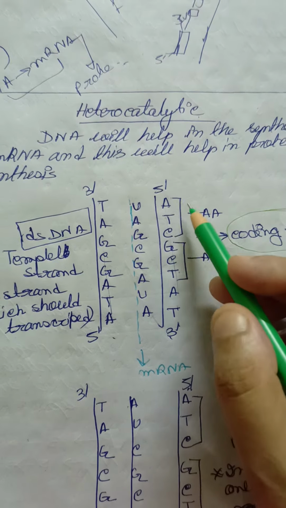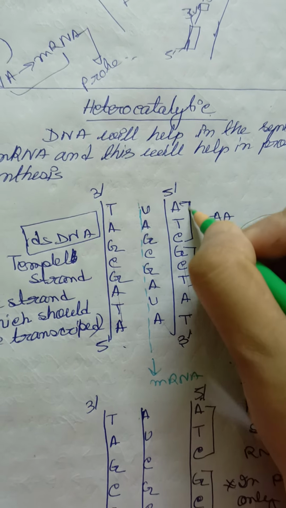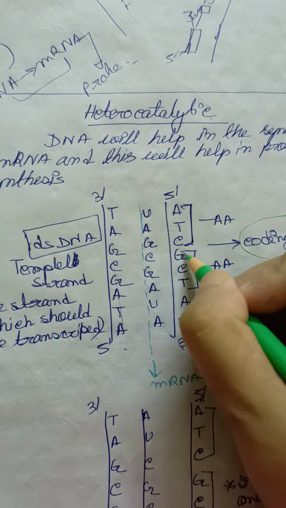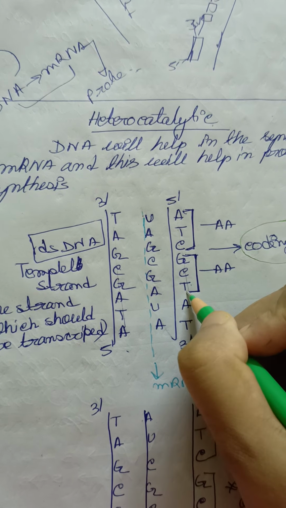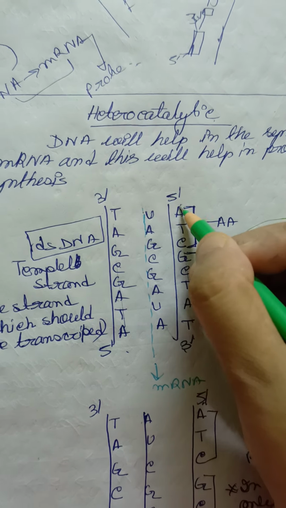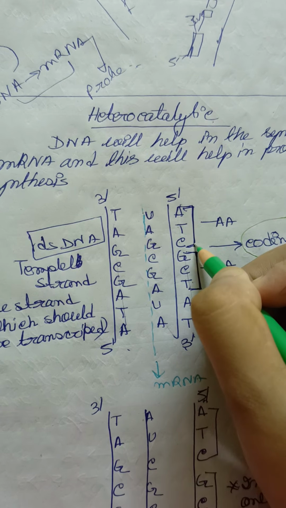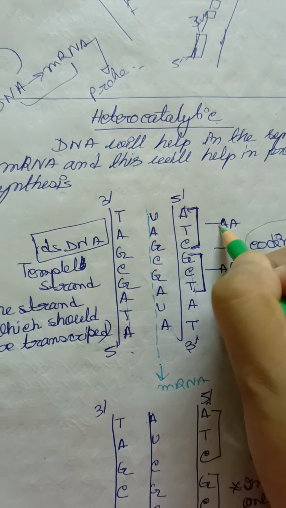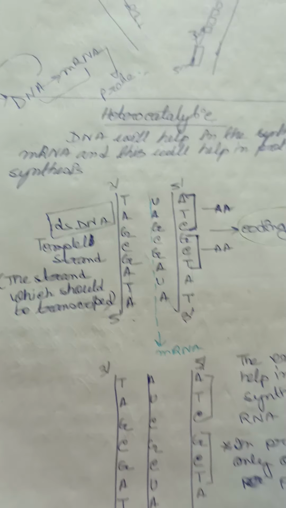And we know the 3 codons, or 1 codon, code for a particular amino acid.